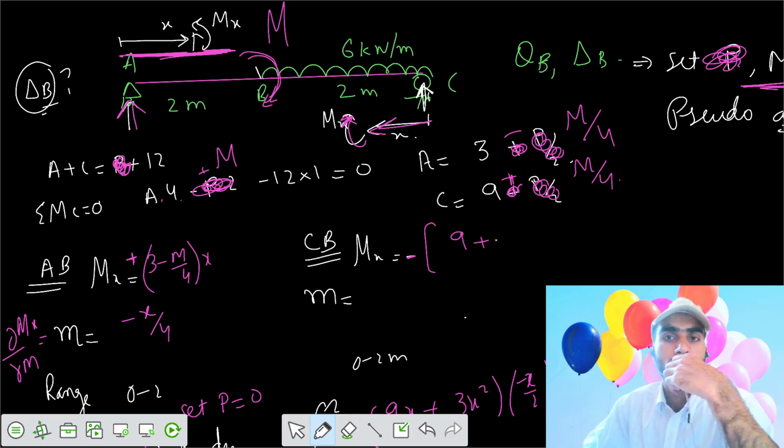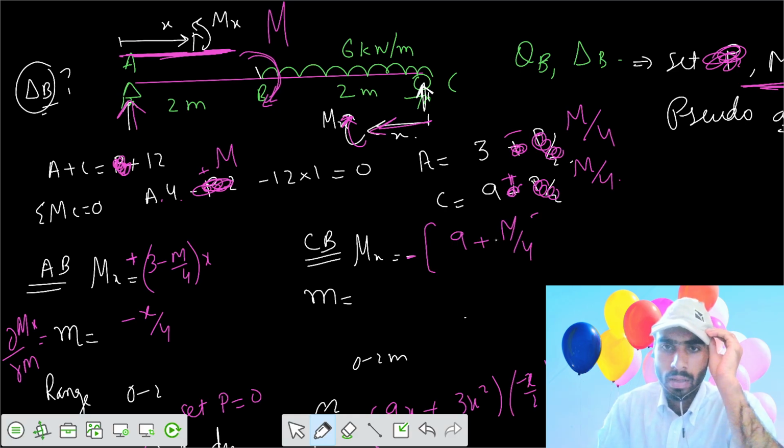Then we can write that moment at any x equals to minus 9 plus M by 4. This is your reaction C. You multiply it with x.